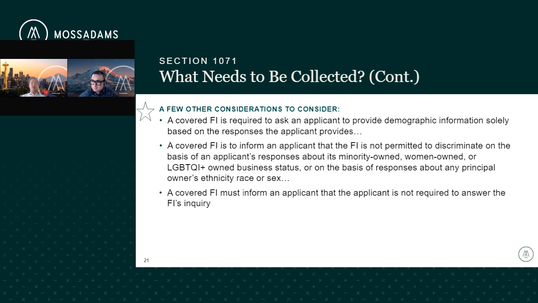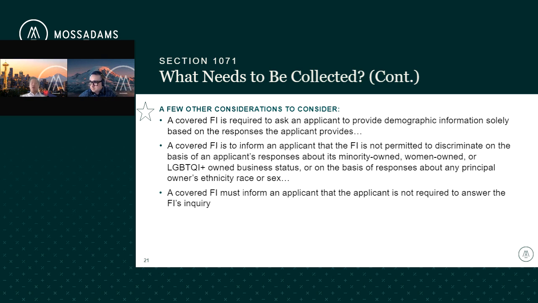Pretty key right there, right? However, a covered FI cannot require an applicant or other person to provide this demographic information. If the applicant fails or declines to provide the demographic information necessary to report a data point, the financial institution reports the failure or refusal to provide the information, okay?